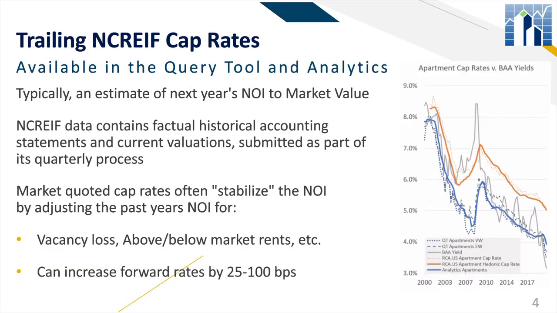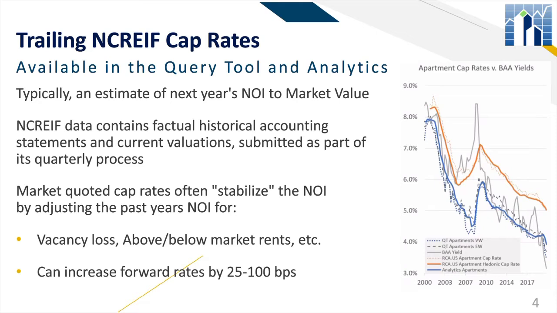NCREIF's data is based on actual accounting statements and modern valuation methods, such as comparable sales and discounted cash flow analysis. They are a true representation of the historical pricing of NCREIF properties, and in turn, the current traded market value of open-ended funds and the NPI.